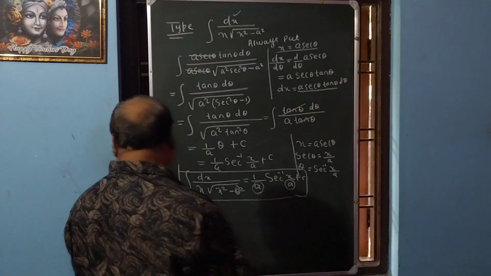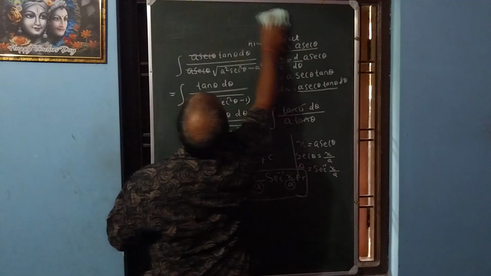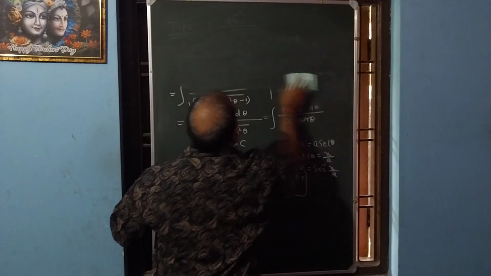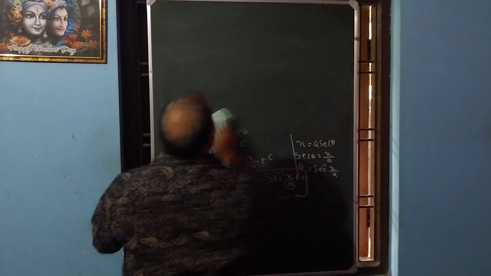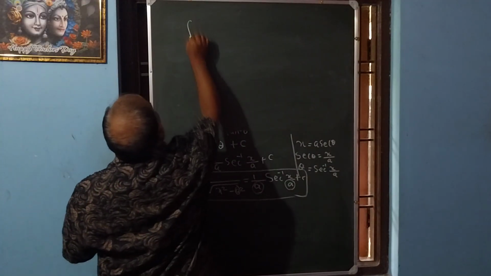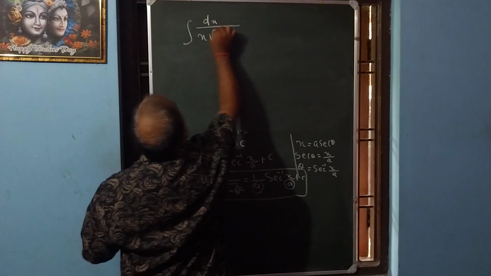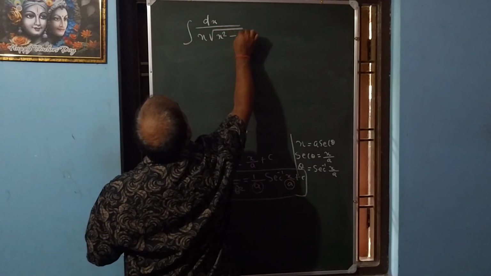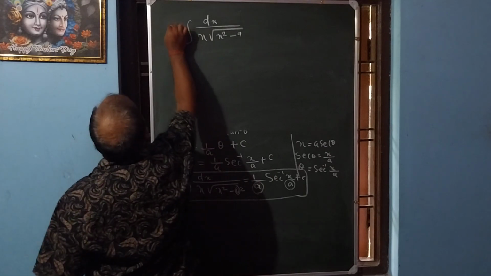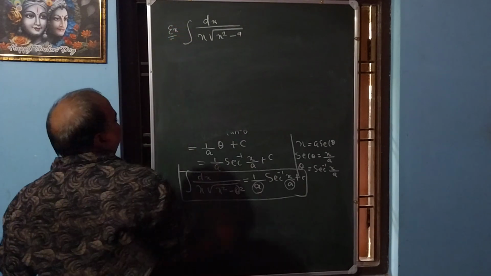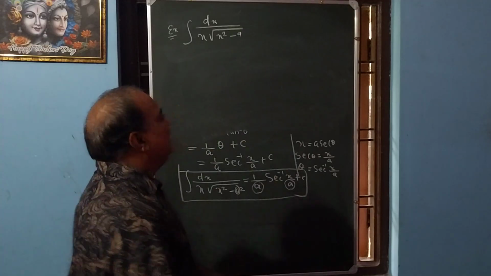Using this formula, we have to integrate some examples. Write down one example: integration of dx by x into root over x square minus 9. How can you integrate it? Here, in place of 9 we write 3 square.